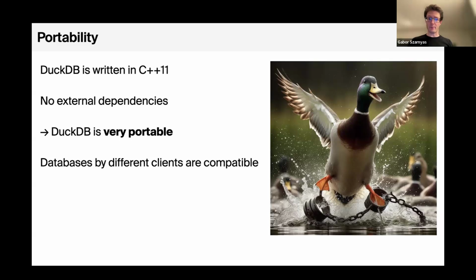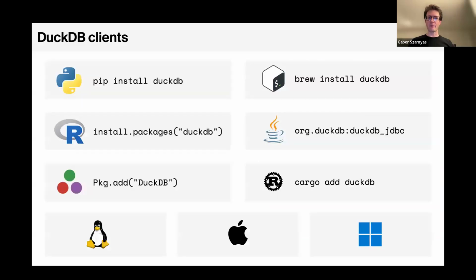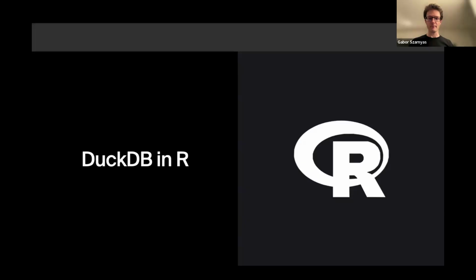This makes DuckDB very portable, and it can be used from different clients, and the databases created by these different clients are compatible. The different clients are what you would imagine: we have Python, R, Jupyter, but also a command line client, Java, Rust, you name it. And we run on all major platforms and on all architectures.